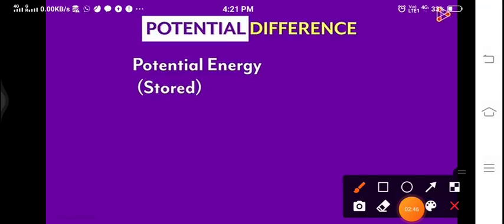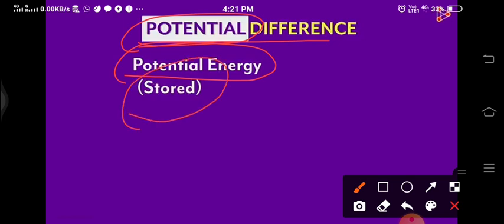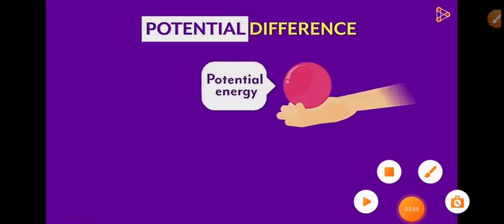Before understanding potential difference, first we will consider potential. What is the meaning of potential? It comes from potential energy. What is the meaning of potential energy? That is stored energy. Consider one example.